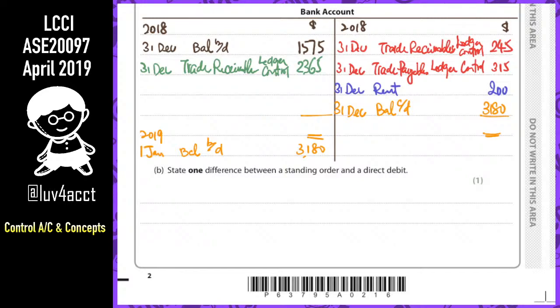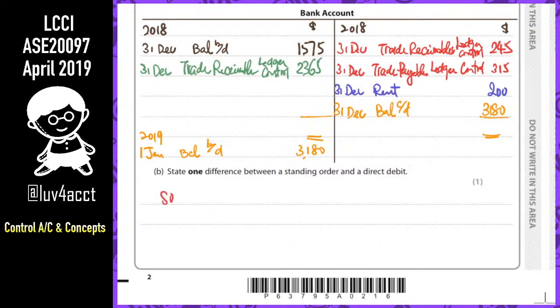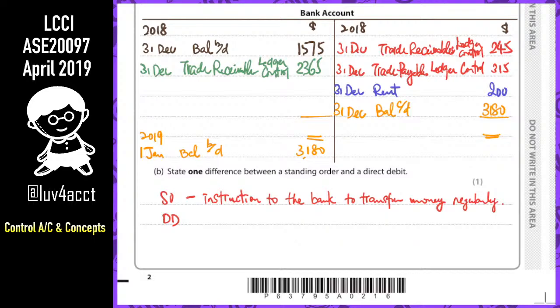A standing order is an instruction to the bank to transfer money regularly, usually monthly or bi-yearly. A direct debit is a permission.